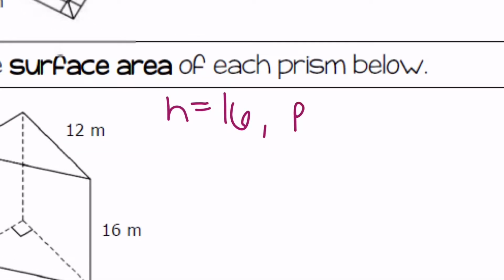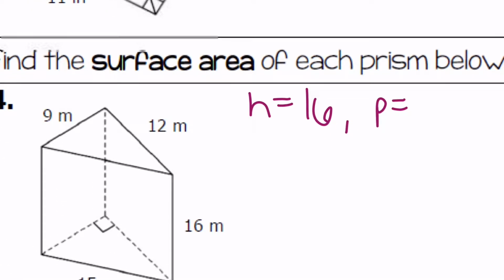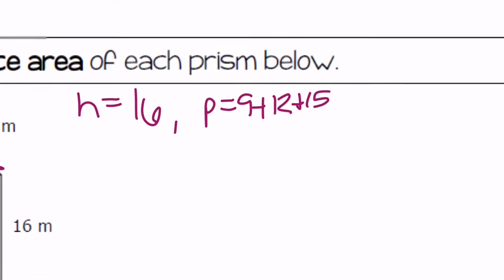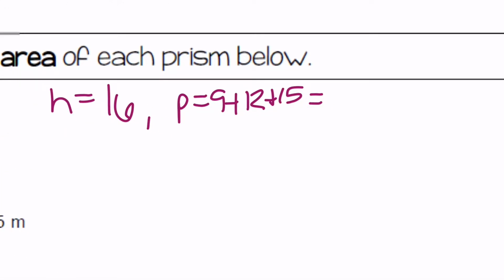And then my perimeter is equal to, okay, one side of my triangle is 9, plus the other side is 12, and then the last side is 15. Okay, so my perimeter is equal to 36.